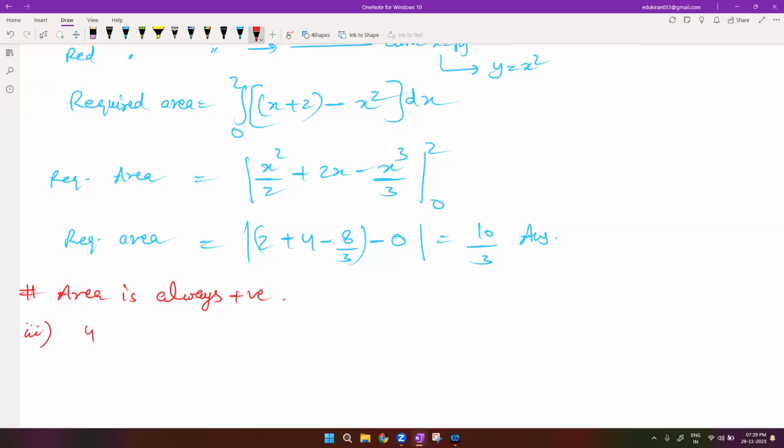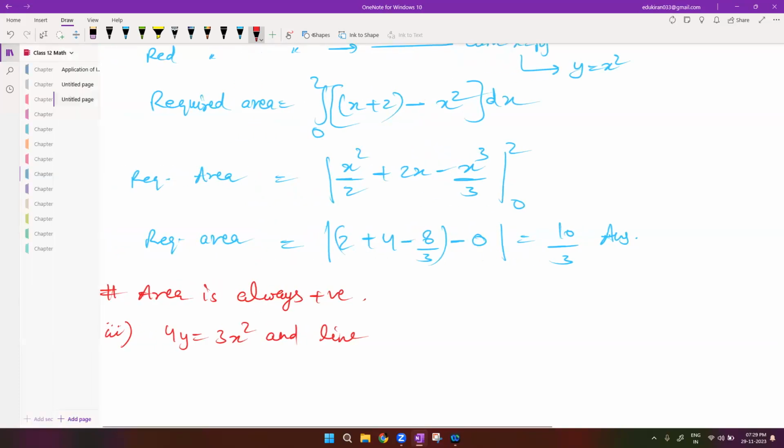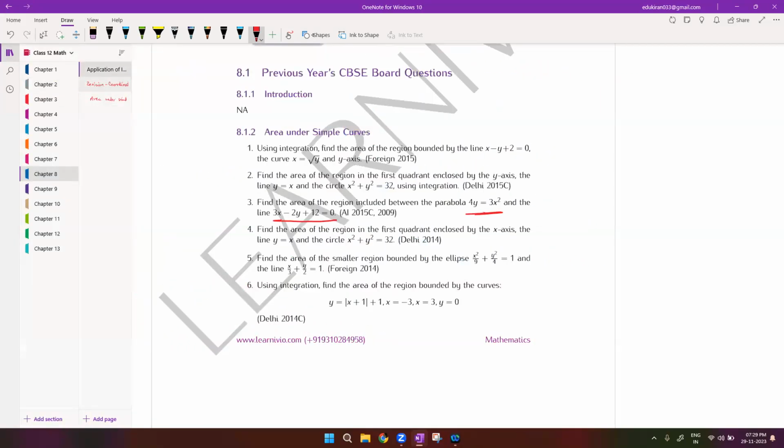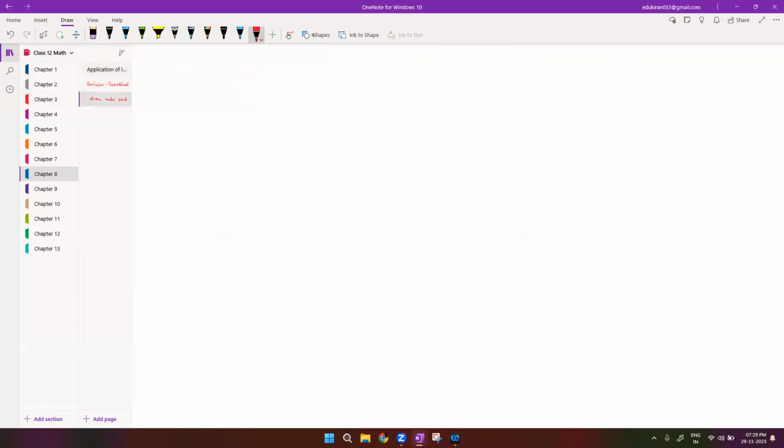One is 4y is equal to 3x square. This is a parabola, we know. And the line is 3x minus 2y plus 12 is equal to 0.